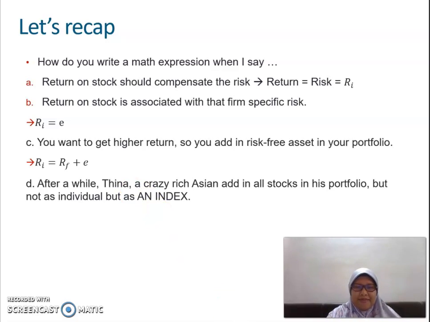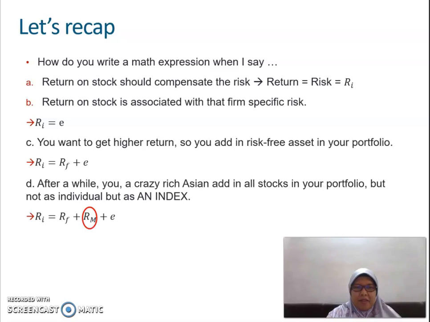Done? Should be like this. Okay, so basically now Tina has RI equals risk-free plus return on market, and this market is an index.